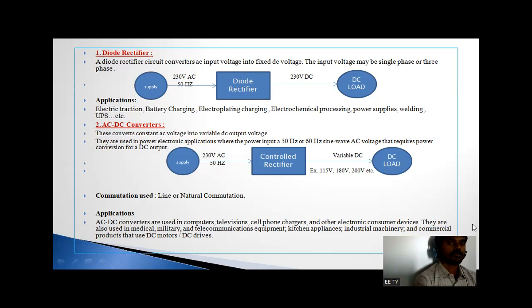A diode rectifier will convert from fixed AC input voltage into fixed DC output voltage.